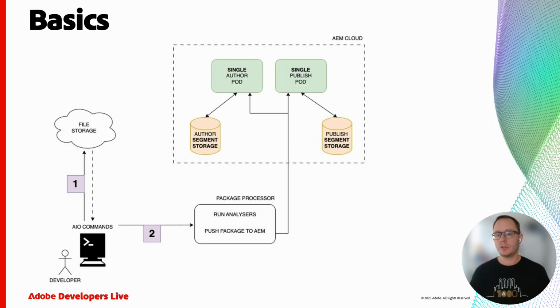You could, however, also target one or the other if you're just interested in working on author and you don't care about publisher for now. But usually, by default, we just install the files in both instances, and that's basically how the entire solution works. So it's pretty straightforward. For you as a developer, you just have a tool to install on your computer for the AIO.